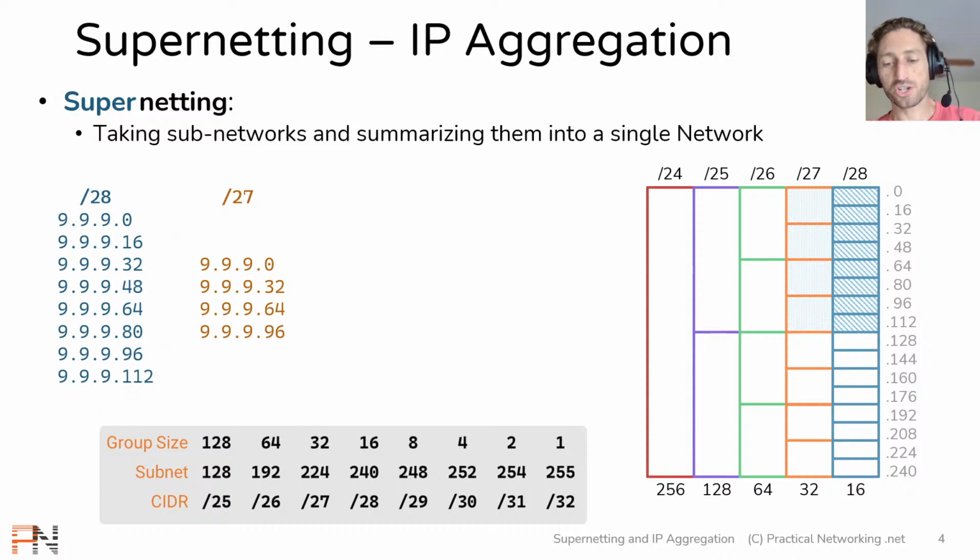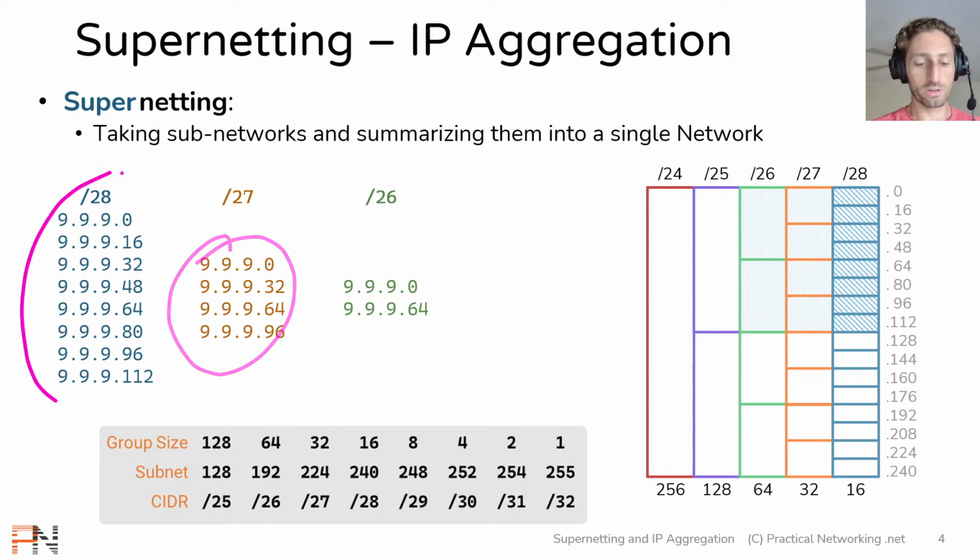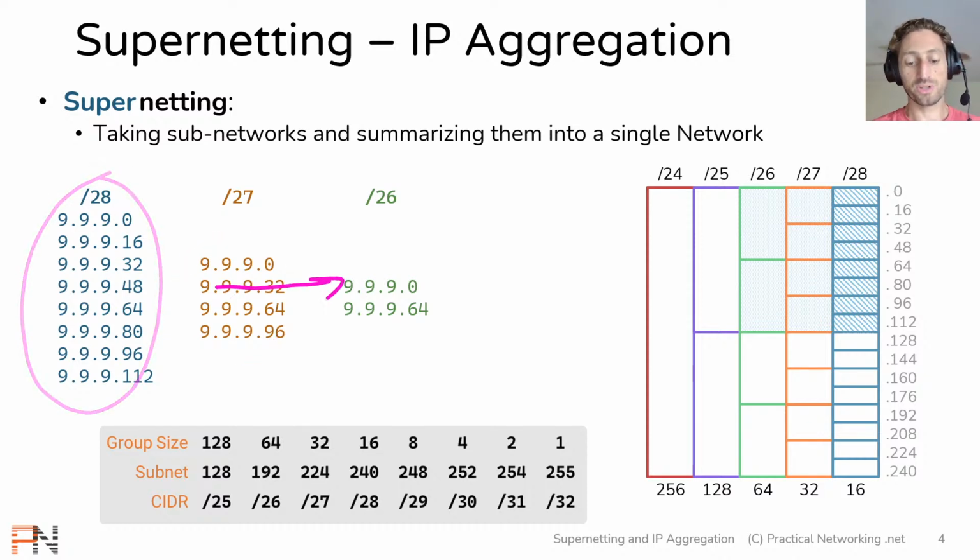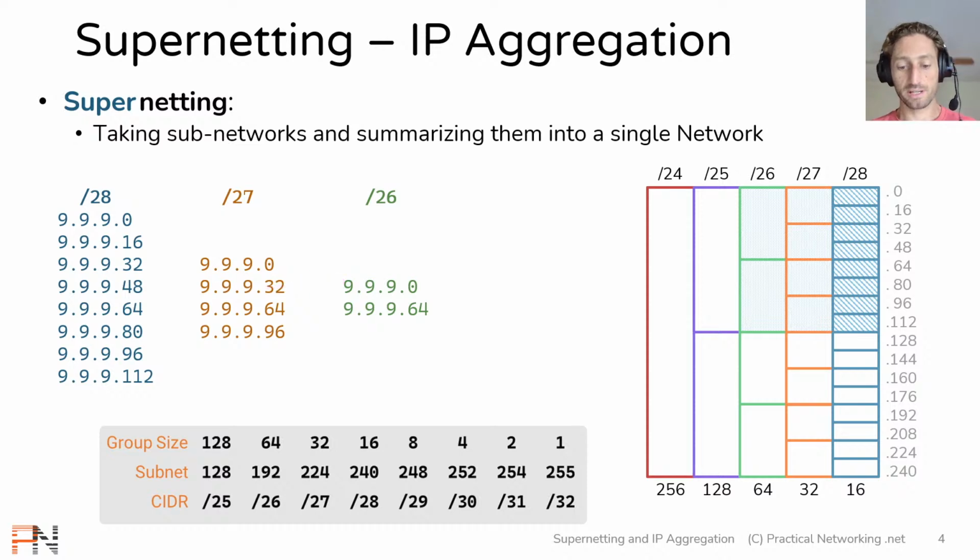But I think I can actually go a step further. If we take these /27s and summarize them into their pairs, we can actually summarize these 4 /27s, or these 8 /28s, into these 2 /26s. This first /26 is going to include all of these IPs, meaning the first 4 /28s, and the second /26 is going to include all of these IPs, meaning the other 4 /28s.